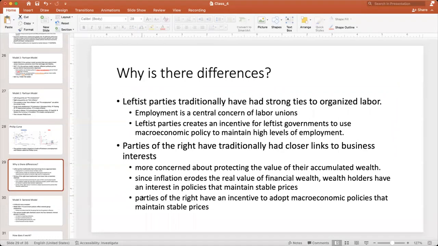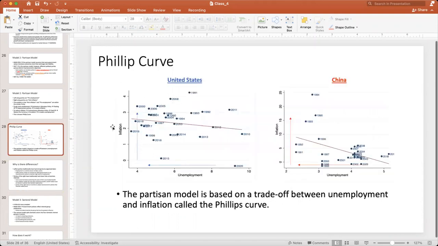So that creates an incentive for left-wing governments to use macroeconomic policy to maintain high levels of employment. And they do not care about inflation. They prefer to reduce unemployment, so that people have income, even though the prices in the economy rise.